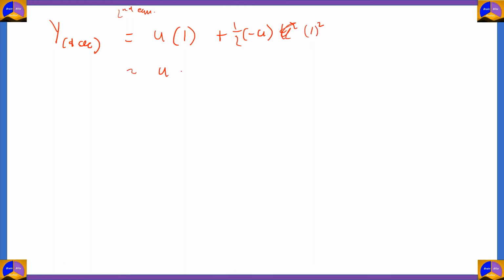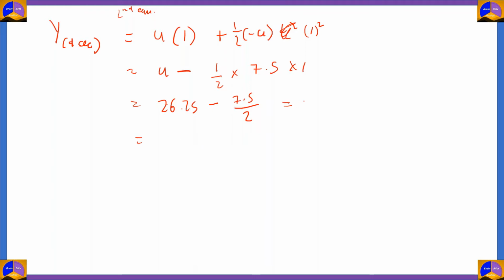So it'll be u minus half into 7.5 into 1. So basically, we know the value of u is 26.25 minus 7.5 by 2. 75 by 2 is 37.5.